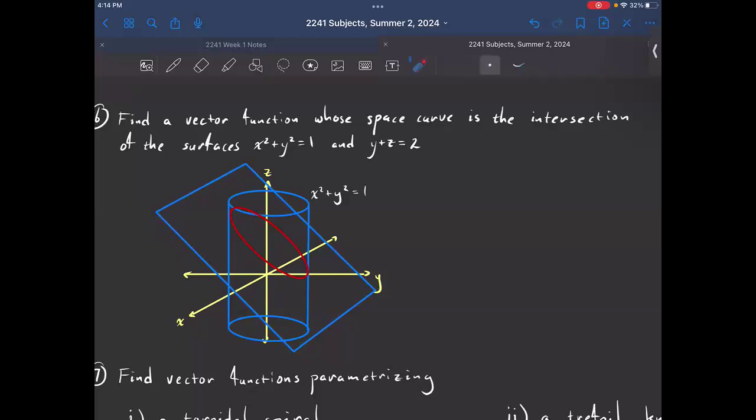Real quick, another way that you could have found that plane is by remembering that y plus z equals 2 can be thought of as the expansion of the vector form of a plane. So we have 0x plus 1y plus 1z equals 2.